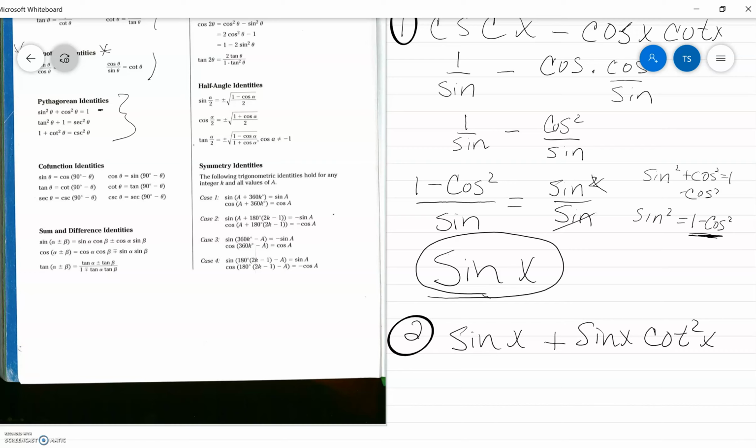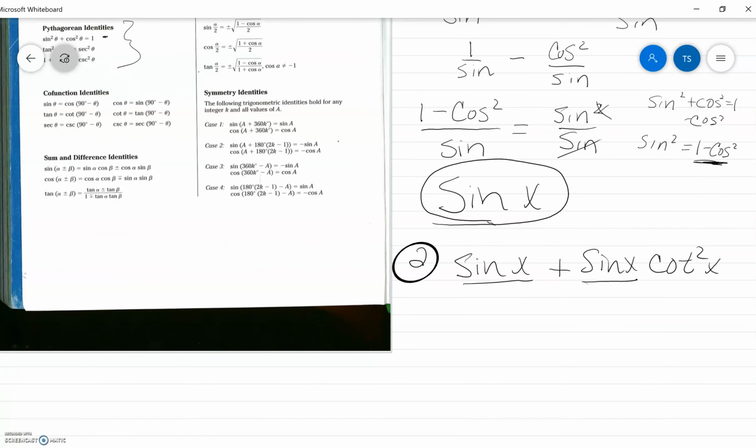And on this one, I look at this and I'm like, well, I see sine x and sine x. I'm going, well, what's my favorite F word? I want to factor that sine x, so that's what I'm going to do. I'm going to factor a sine. Sine divided by sine is 1. Plus this crazy thing divided by sine is going to leave me with cotangent squared x.